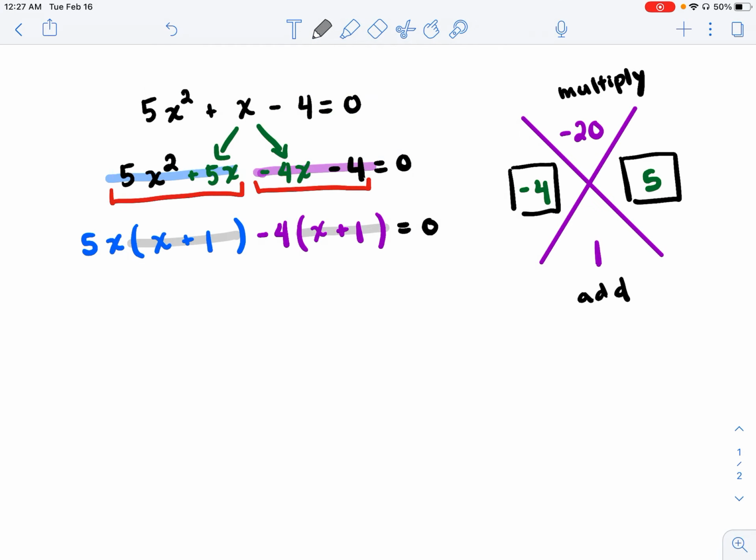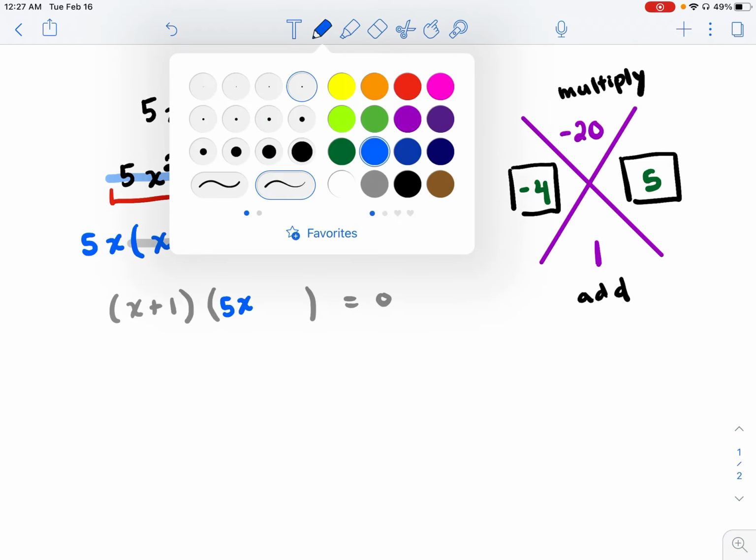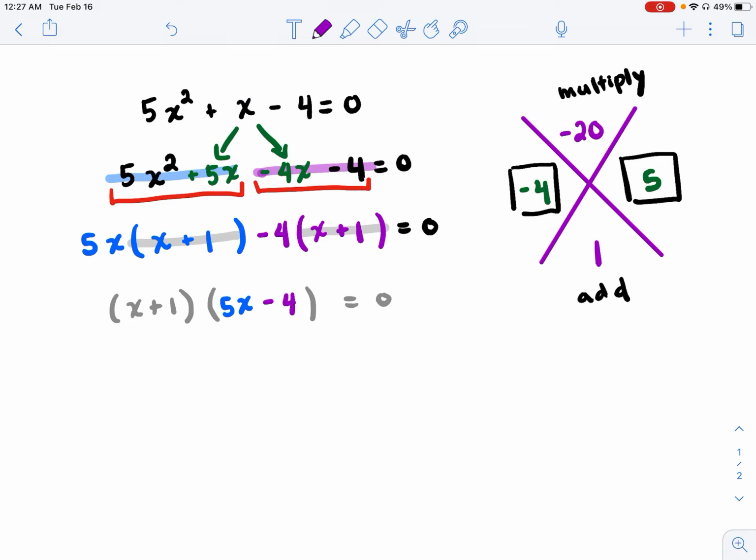So what I'm going to do is factor out the x plus 1 because they have both of that in common. So I'm finding the GCF again, and it's x plus 1. Once I take out x plus 1, what's remaining? We have 5x remaining, and we have minus 4 remaining.